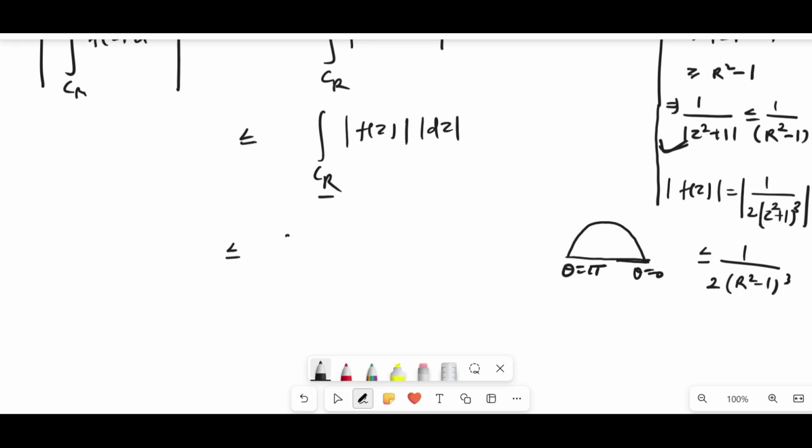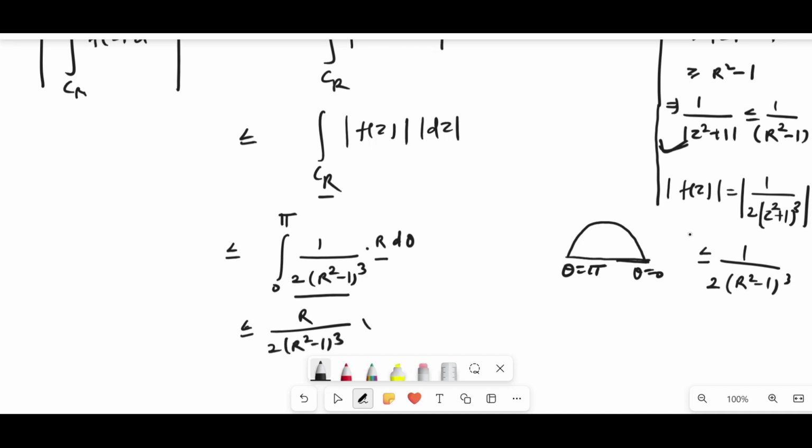So this integral will change into 0 to pi of 1 upon 2 times r square minus 1 to the whole power 3 times dz, that is r d theta. That is a function of r. Take outside the 2 times r square minus 1 to the whole power 3, multiplied to the integral 0 to pi d theta, and the value of this integral will be r times pi over 2 times r square minus 1 to the whole power 3.